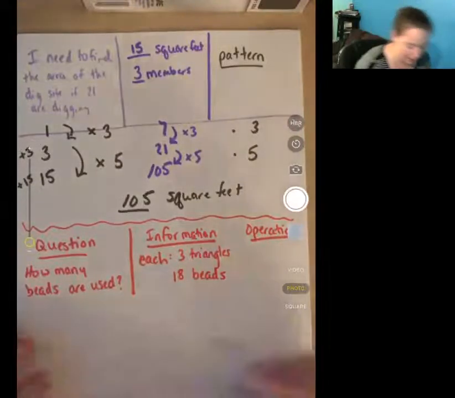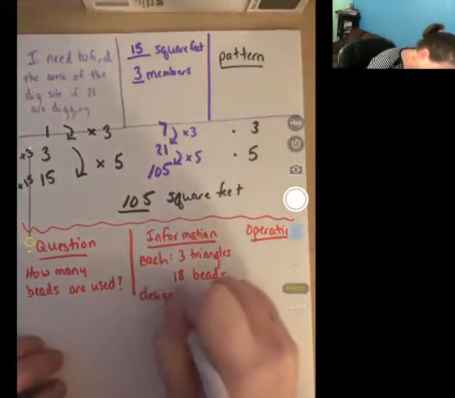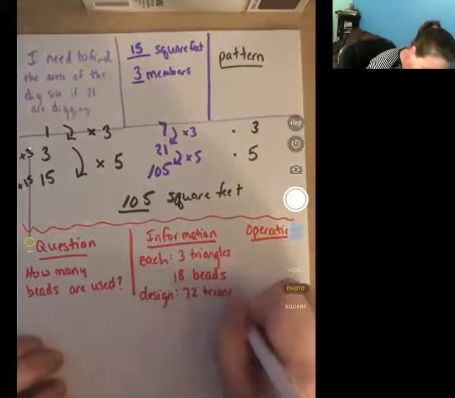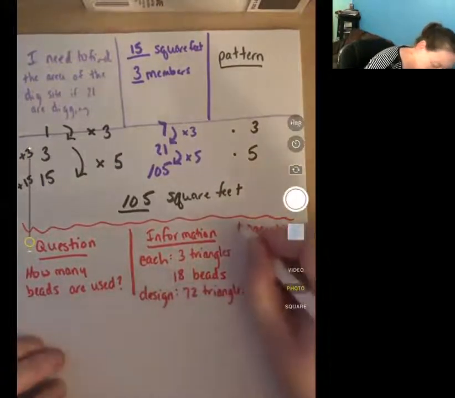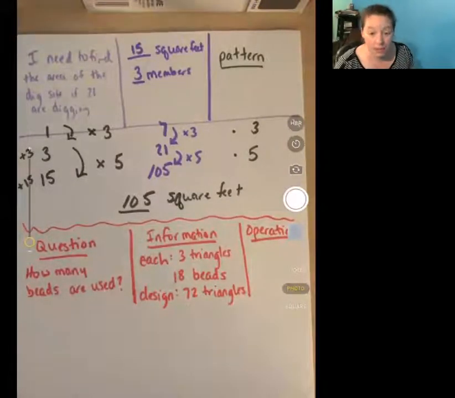Okay, and then design 72 triangles. Okay, so each of them has 3 triangles and 18 beads. The design has 72 triangles.